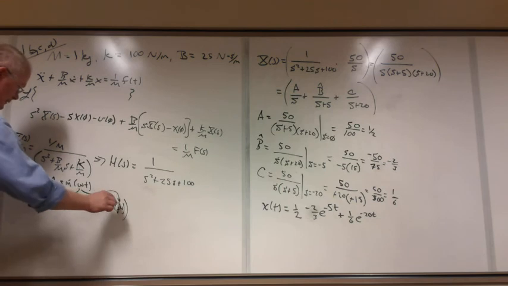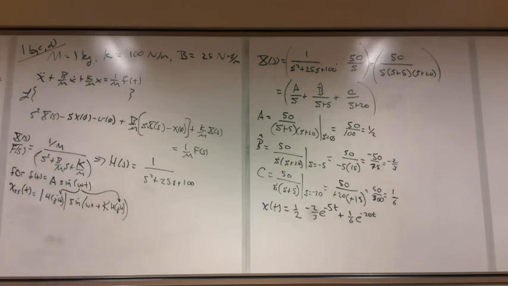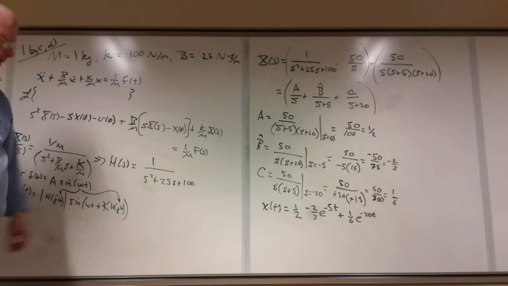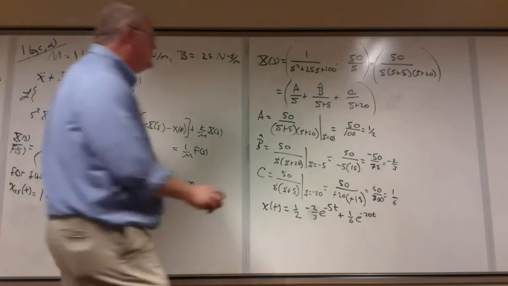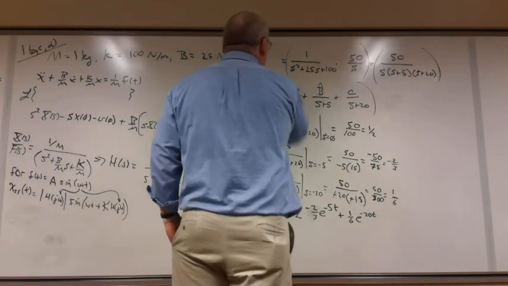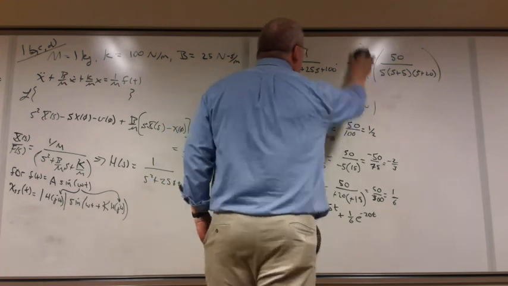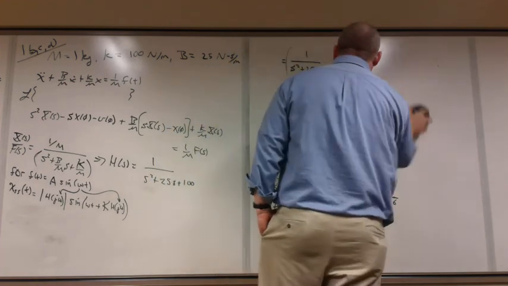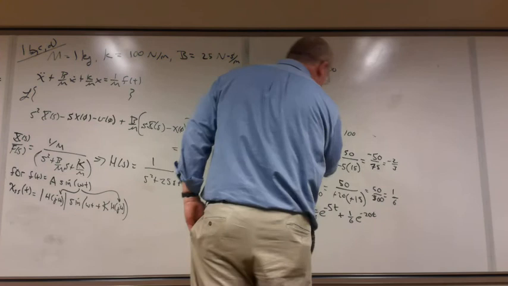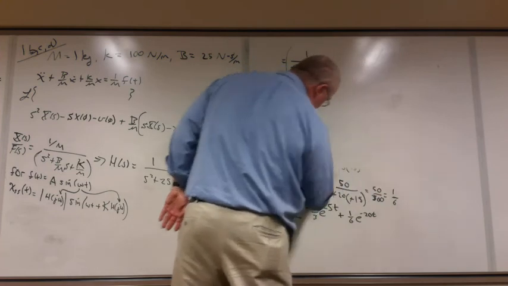So we need to evaluate h of j omega, then the magnitude of h of j omega. We also need to evaluate the angle of h of j omega. Pretty straightforward stuff, actually, when you come around to it. I'm going to go ahead and save myself the effort of redrawing this. All right, I'll erase a lot of it, but not everything.